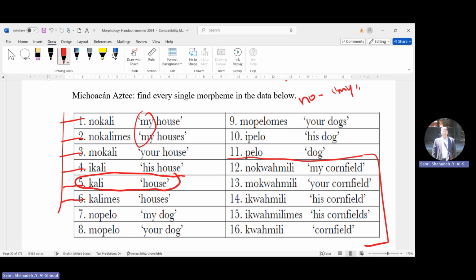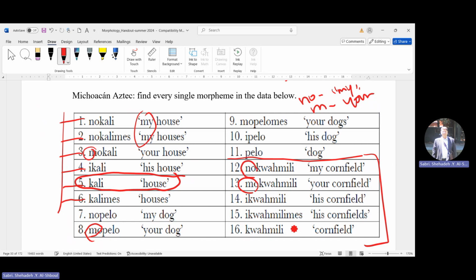Mo, as in Mokali, means your. And you find that this applies to Mopilo, your dog, and Mokwahmili, your cornfield. No also applies to Nokwahmili, which means my cornfield.